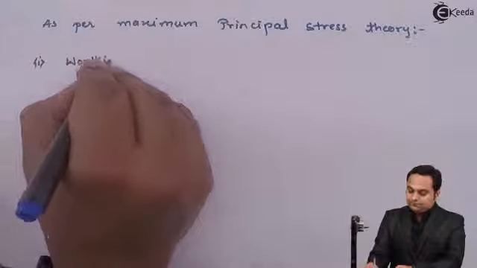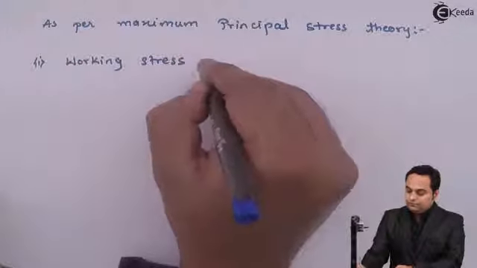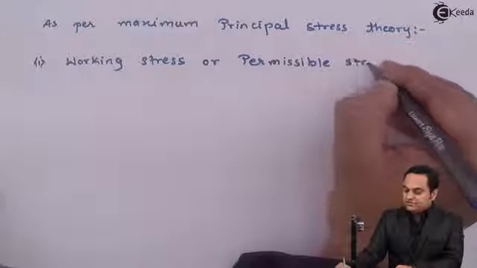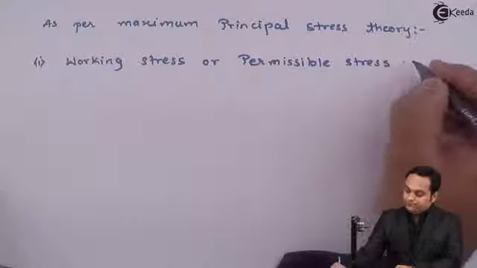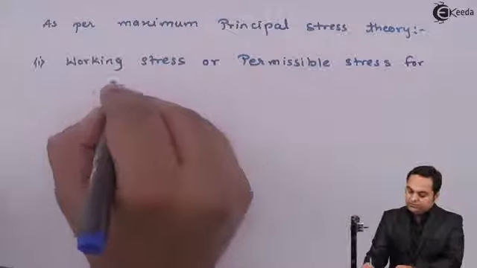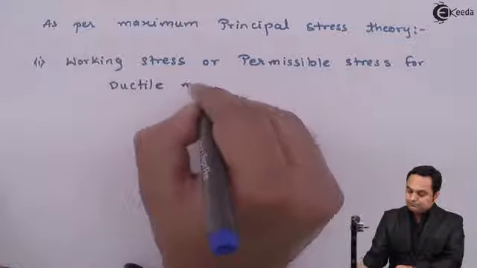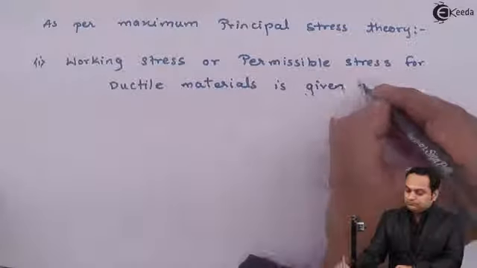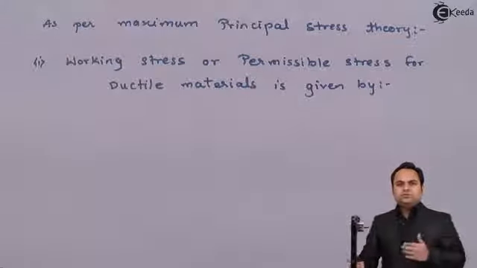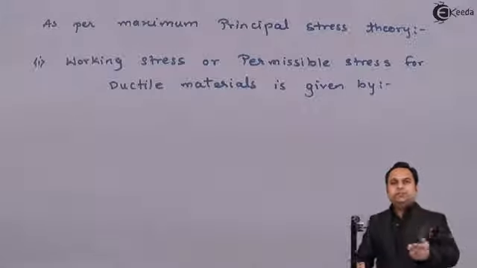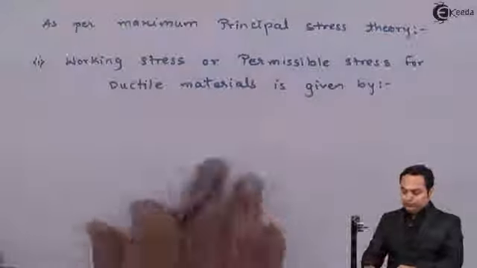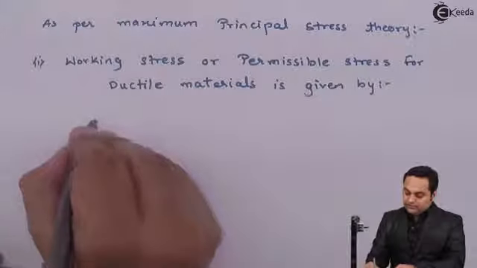working stress or permissible stress for ductile materials is given by this. We need to reduce the value of working stress so that it doesn't go into the maximum stress condition, and for that we have to use the factor of safety, that is the permissible stress.